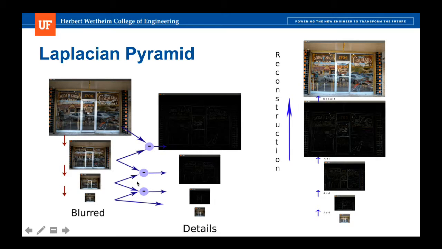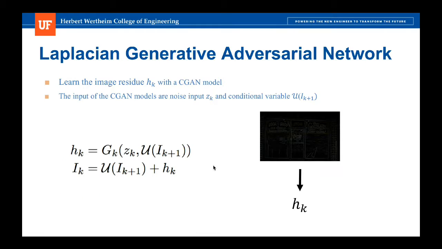In each layer, it will restore some details, or image residuals. By doing this, it can exaggerate some details of the image. Inspired by this, the Laplacian GAN model replaces each residual image layer with a conditional GAN model, allowing a Laplacian reconstruction with GAN model.